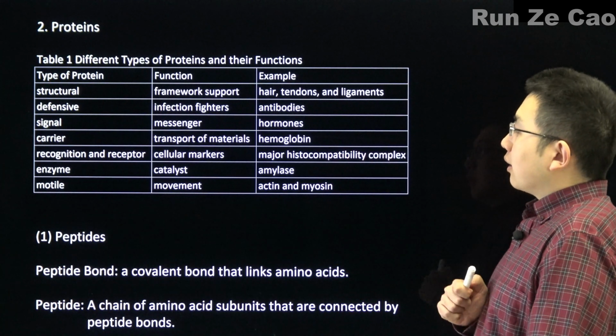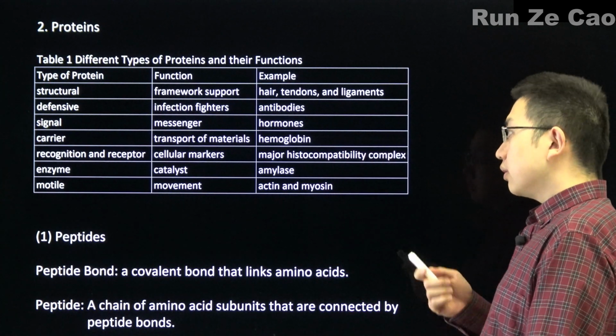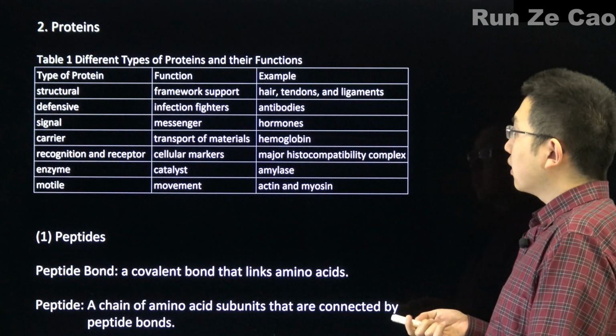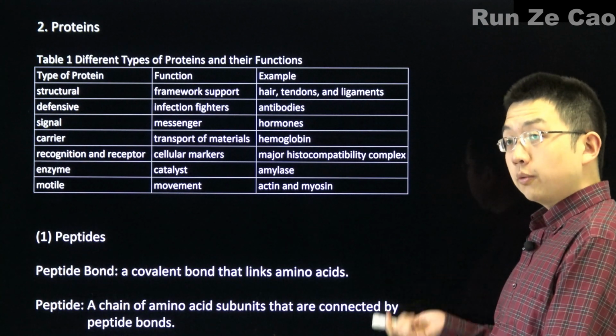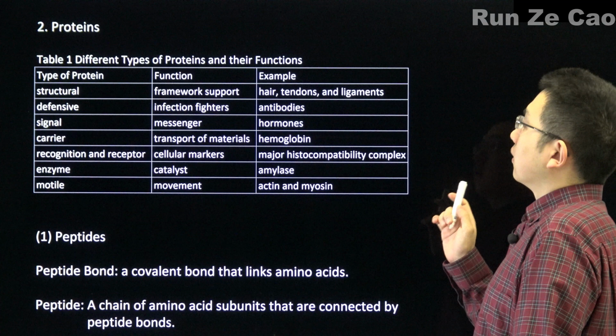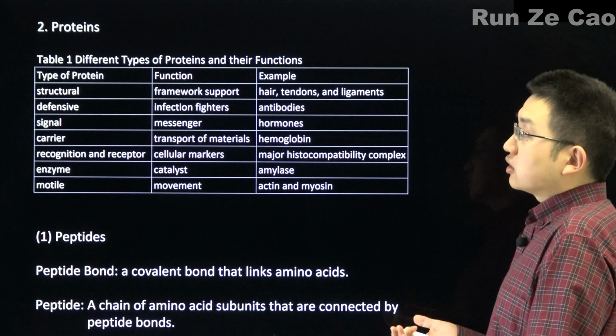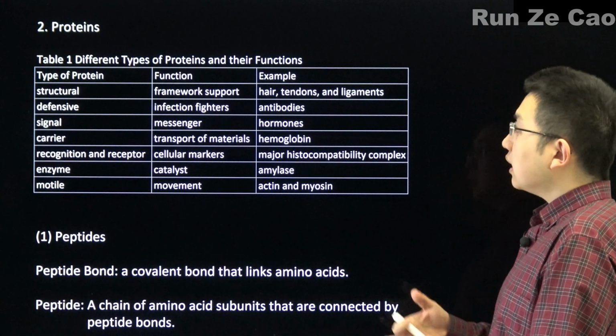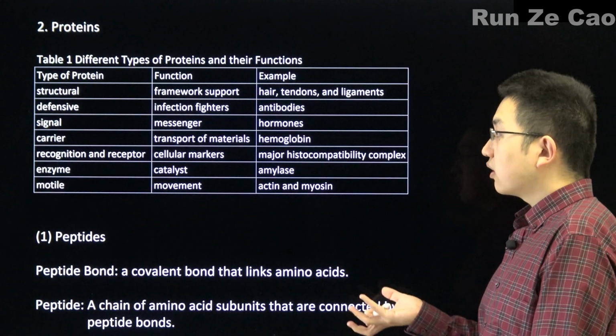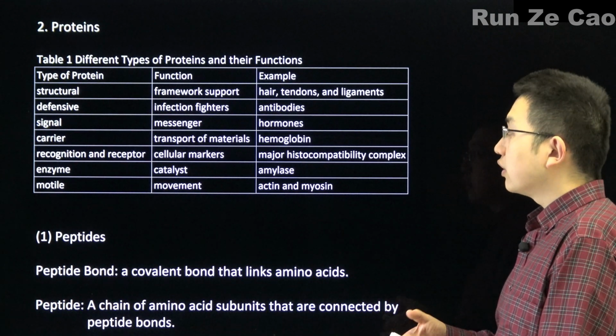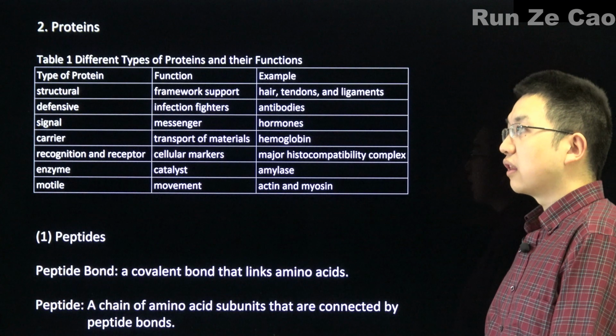Now, what other proteins can we do? Well, we can use proteins for defense, such as antibodies or immunoglobulins. So they function to fight infections. Depending on our idea of defense, we could also say that various other proteins function in defense.